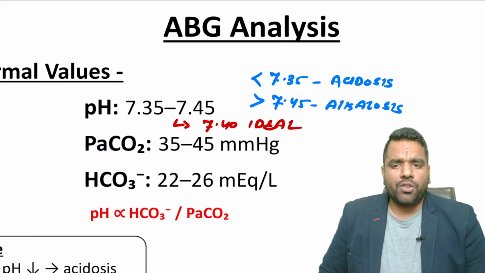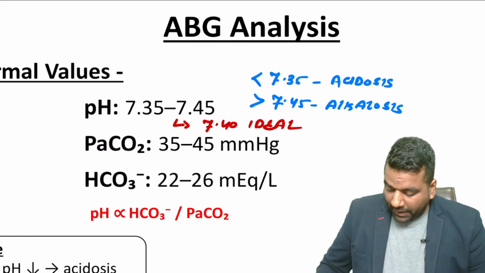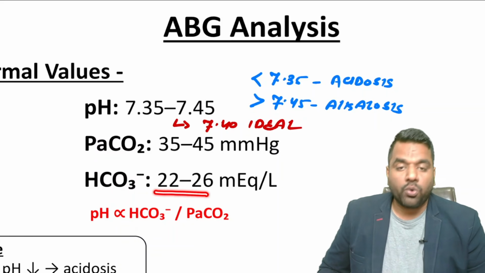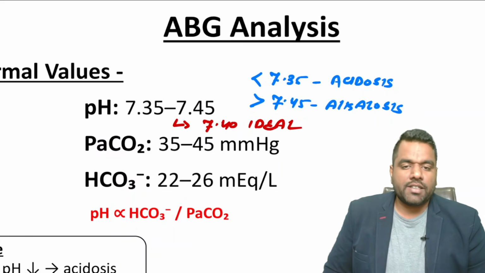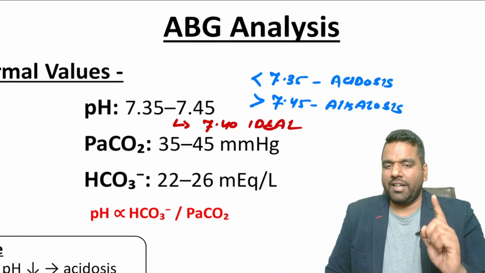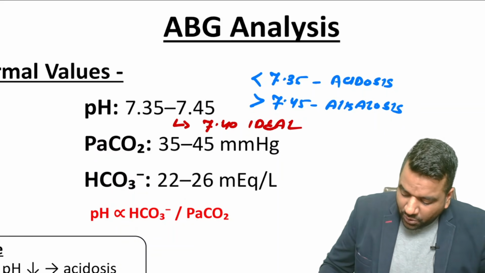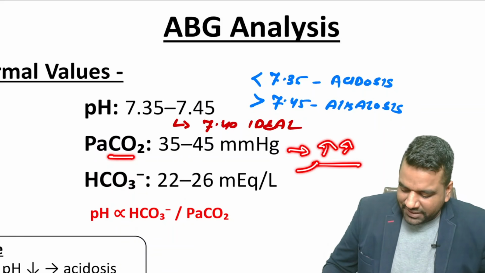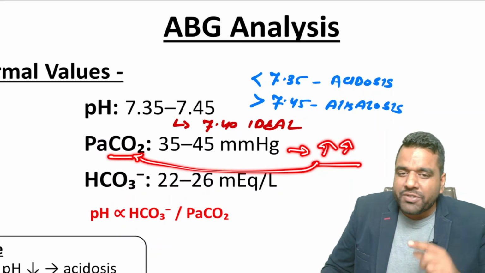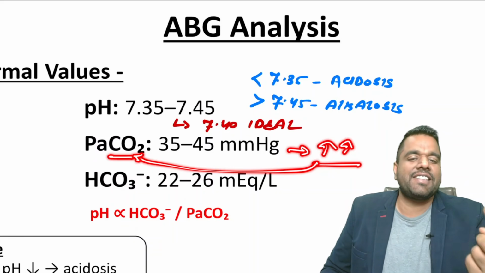Now please pay attention. The normal range of CO2 is always 35 to 45 mmHg, and the bicarbonate normal range is 22 to 26 milliequivalent per liter. Some books say it is 28. Whenever CO2 is increased, we know the property of CO2 is acidic, so it will take the blood pH towards the acid side.